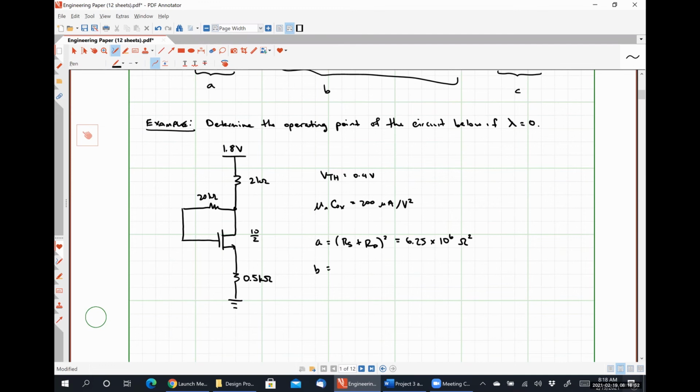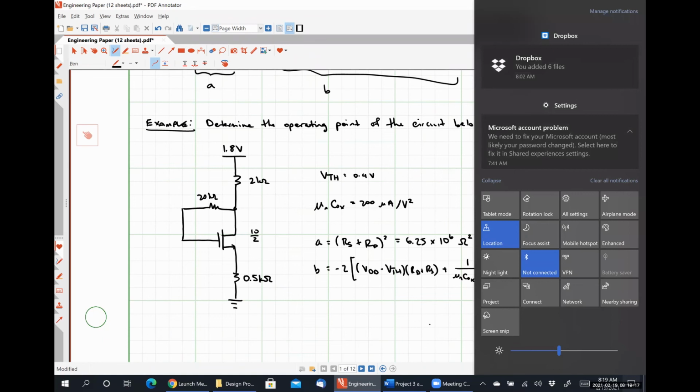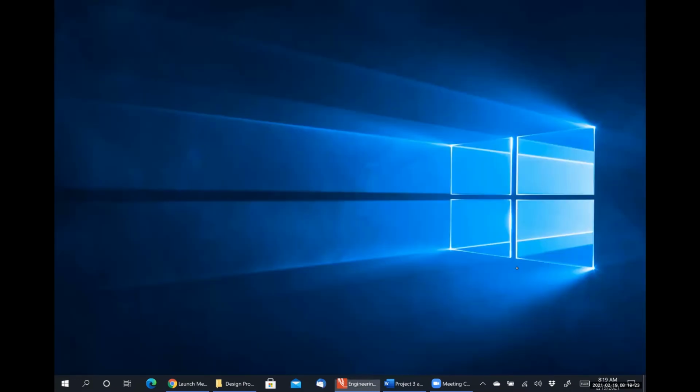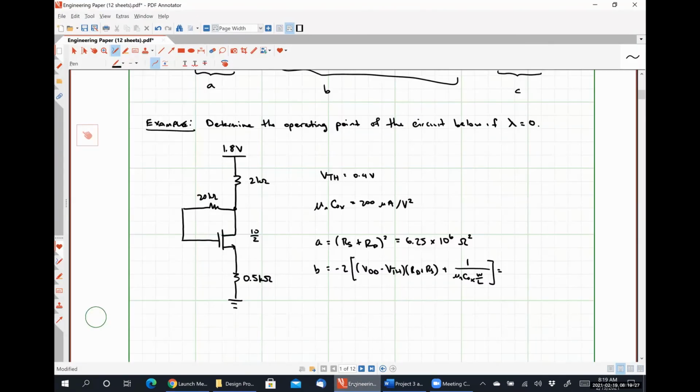Our quantity B, which is -2 times VDD minus VTH, RD plus RS plus 1 over mu n Cox W over L, is -9 times 10 to the +3 volts squared per amp.